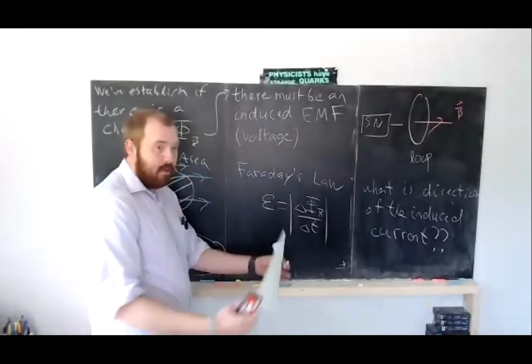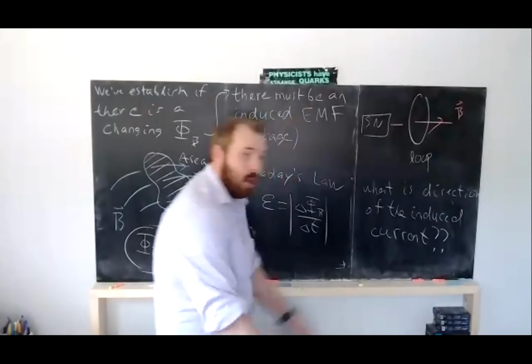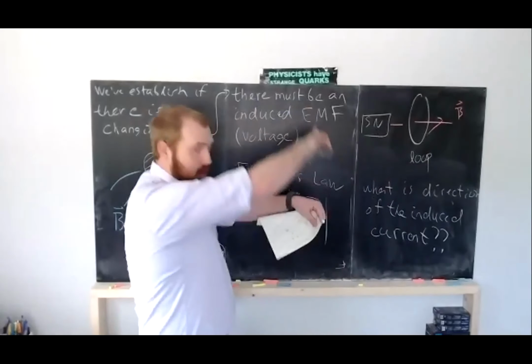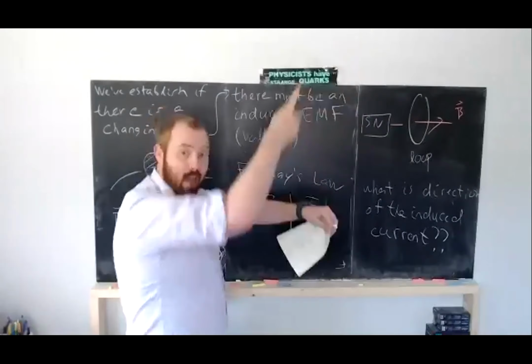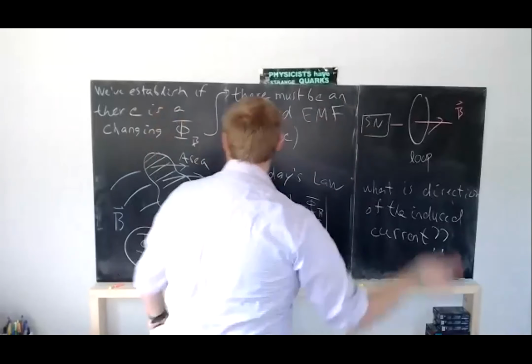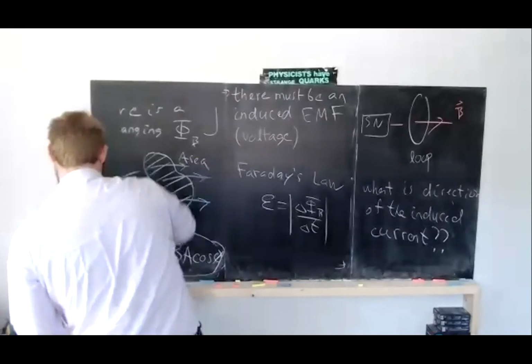Right. If there is a voltage on this loop, current's going to start flowing. So does it go this way, or does it go the other way around? That's a big question we still haven't resolved.